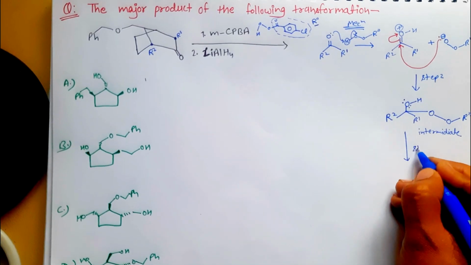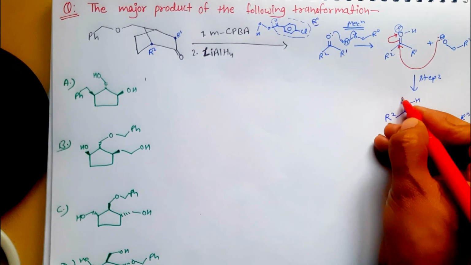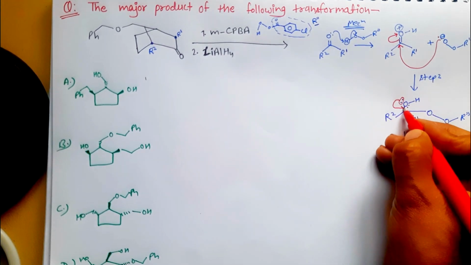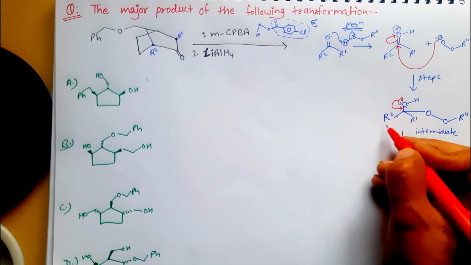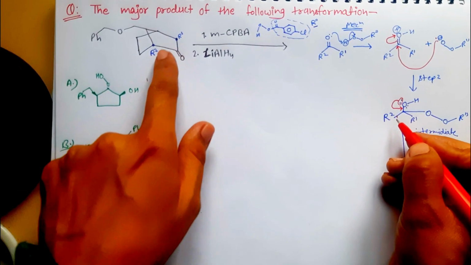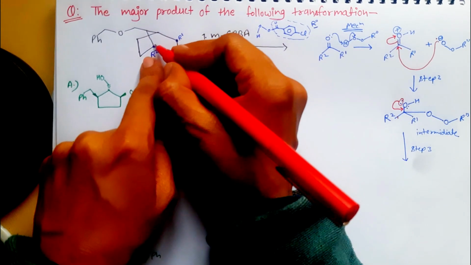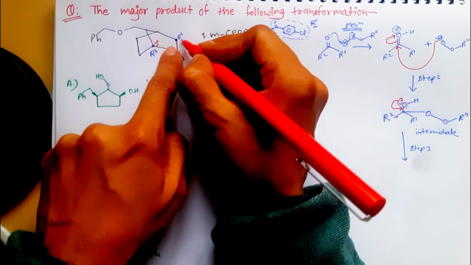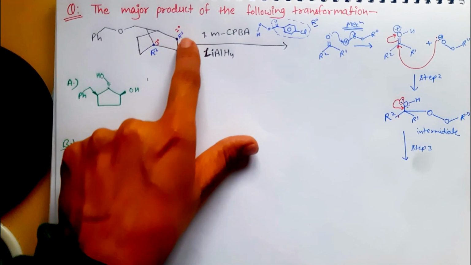In step 3, these electrons return to this bond and again form a double bond, and which carbon group is attached to this oxygen we check in our given ketone. Here R2 is a 3 degree carbon, and here our R1 is a 2 degree carbon.